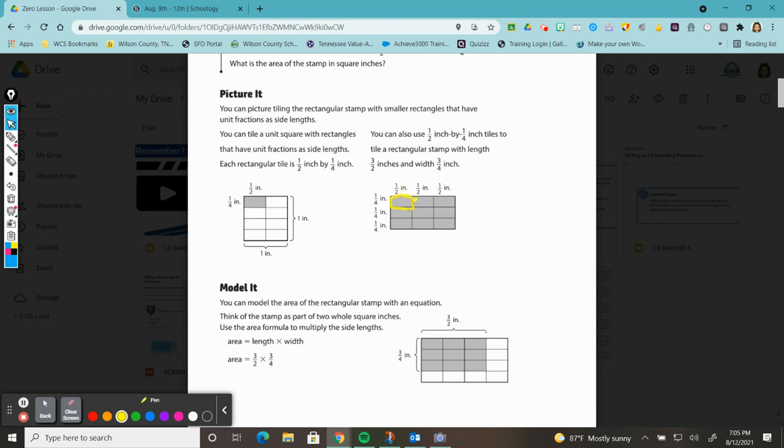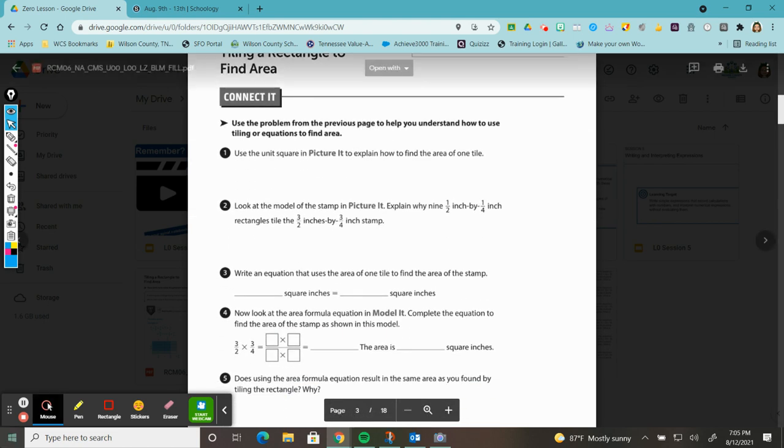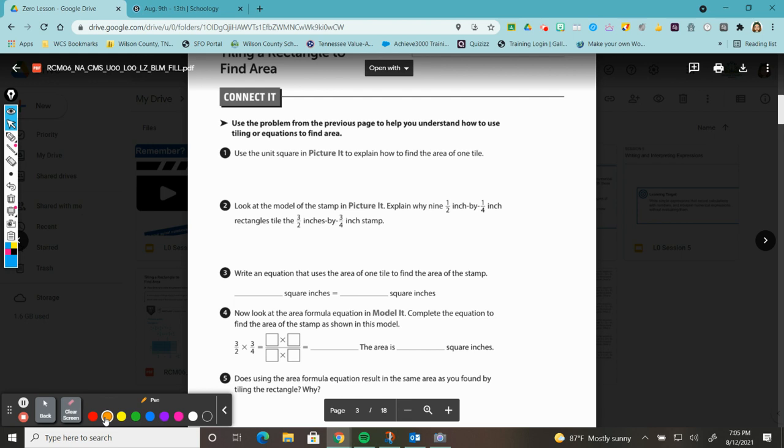So how did we find the area of one tile? To find the area of one tile, we did 1/2 times 1/4. So we used that area formula.